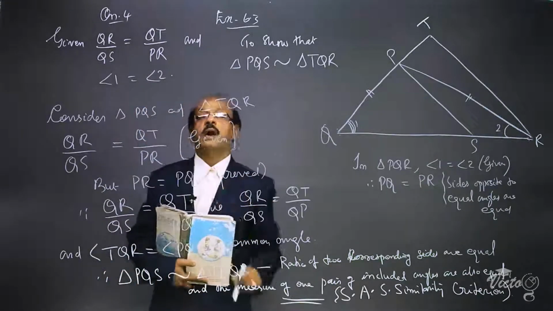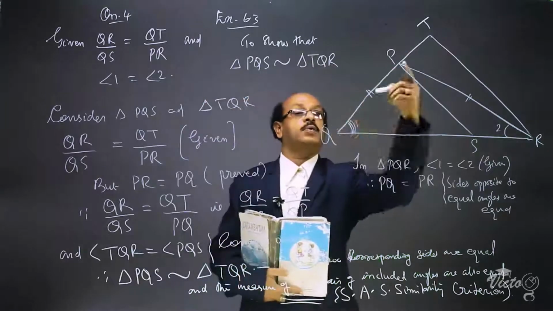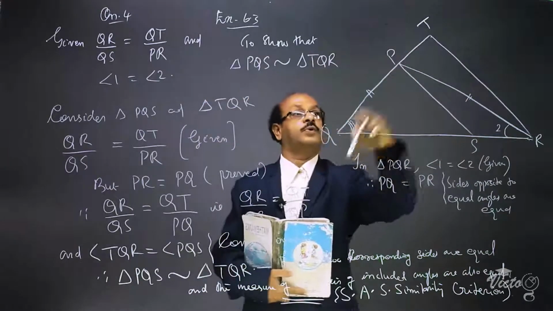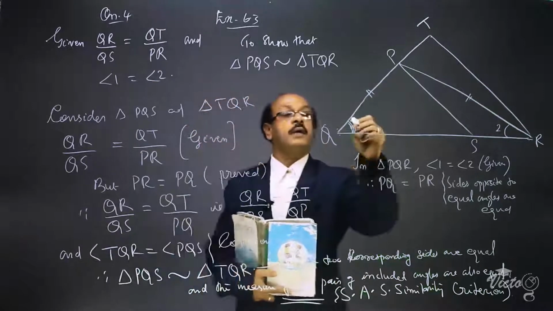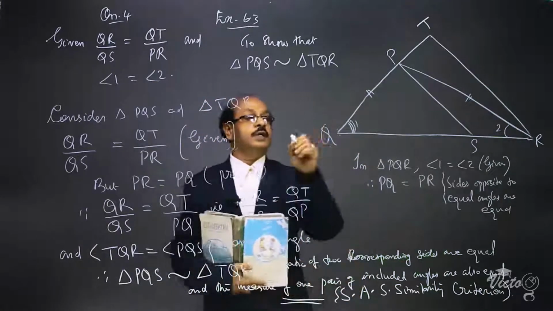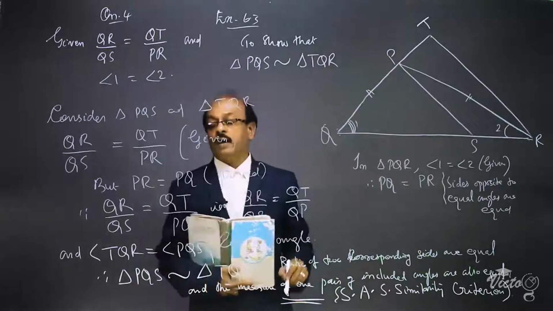PQ and QP are same. That is QR by QS is equal to QT by QP. And the included angle is angle Q, that means angle TQR is equal to angle PQS. The reason is common angle.